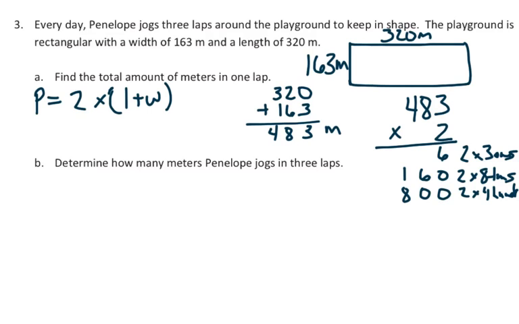B says determine how many meters Penelope jogs in 3 laps. I have 966 meters in one lap, so 3 laps would be 966 times 3.